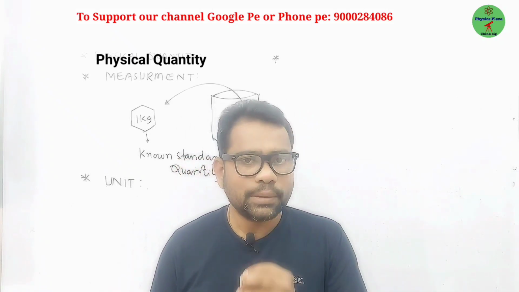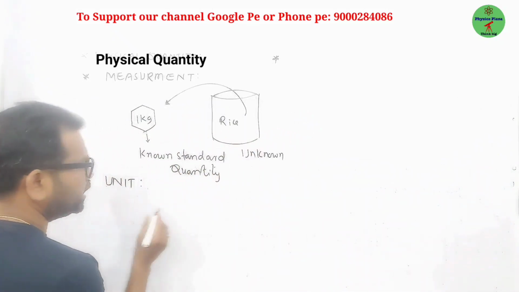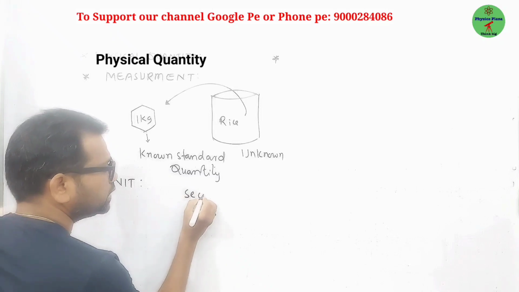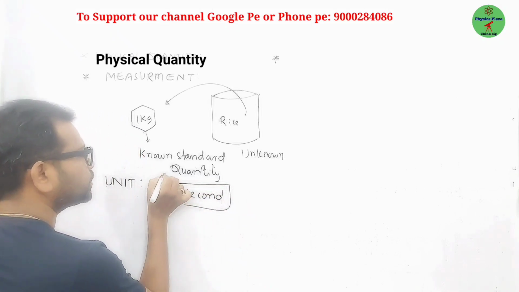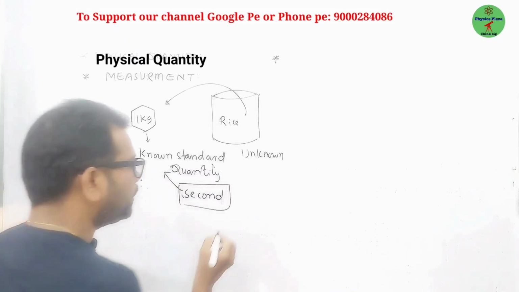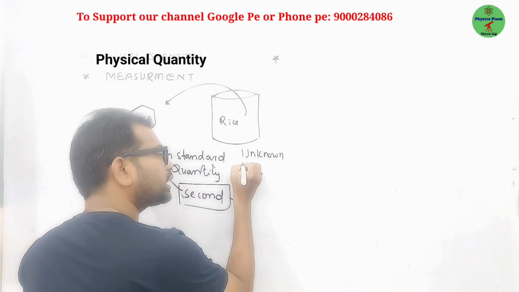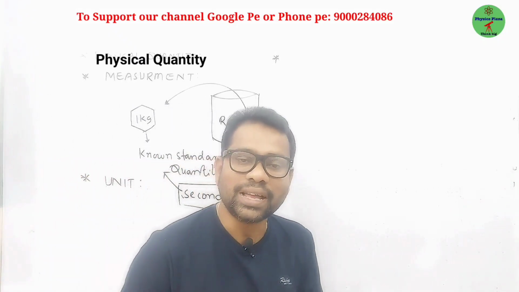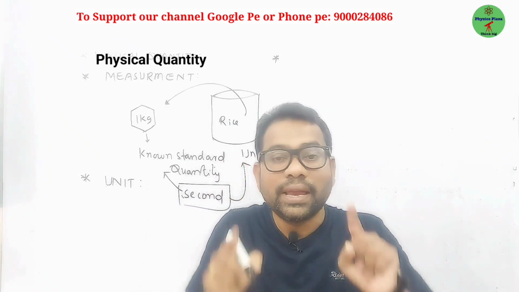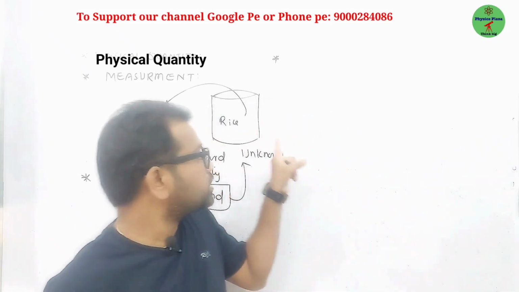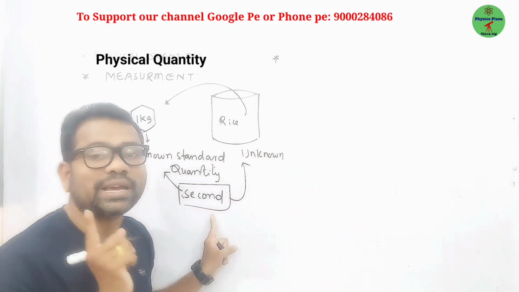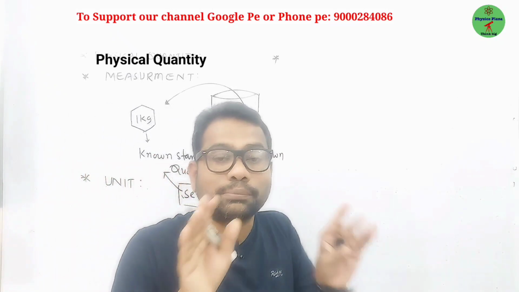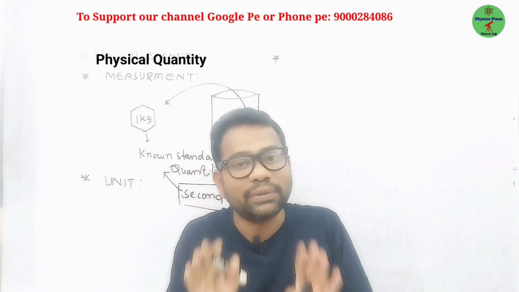Here why are we saying the same nature? Suppose you take a second. Second is also a known standard quantity, but can we use this second to measure the rice? No, we cannot. Why? The nature is different. You are purchasing rice in terms of mass, while second represents time, so time and mass are both different.